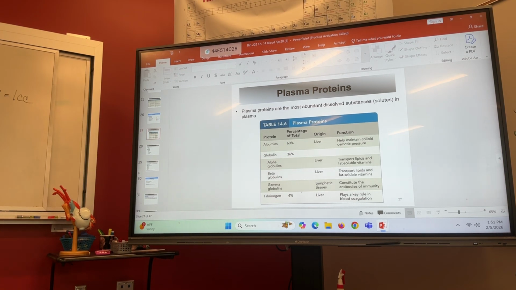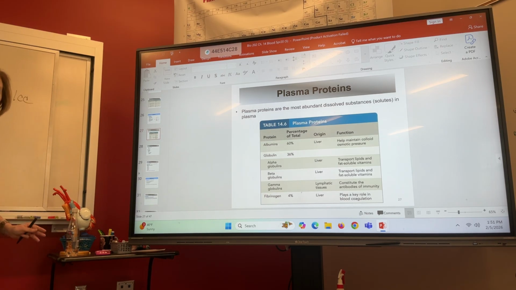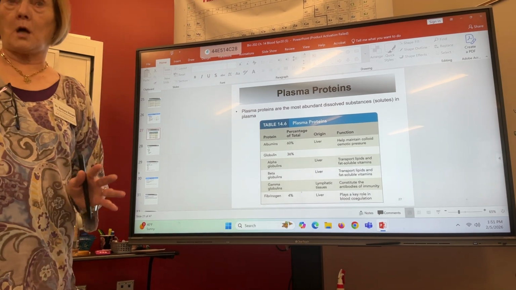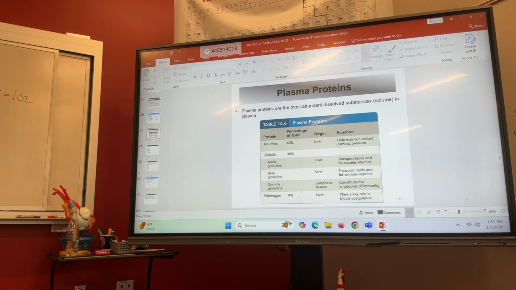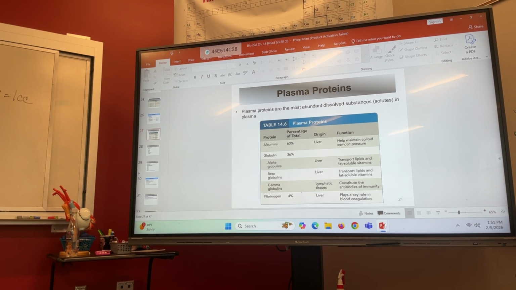Okay, y'all, sitting here, do I want my blood to clot? Yes or no? No. Oh, I don't think so. Okay, if your arm is cut off and it's drip, drip, drip, what are you going to be saying to your body? Clot, baby, clot. All right? So, think now, blood clotting.